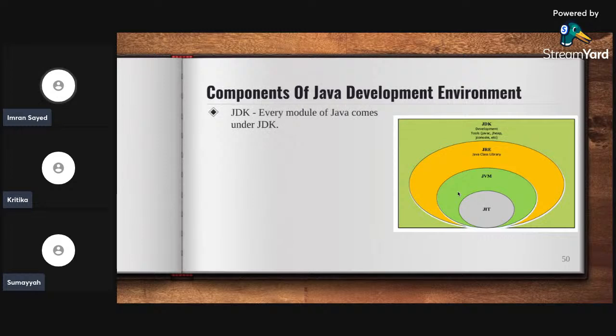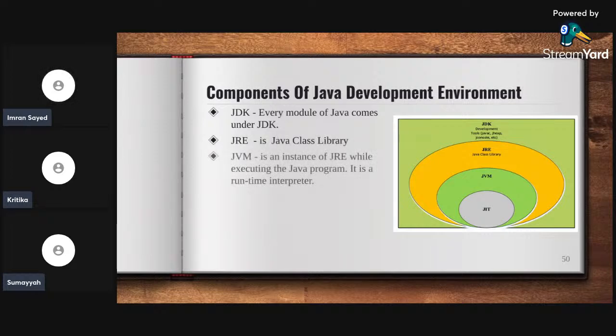So every module of Java comes under JDK. So this is the whole thing. Everything that you see inside of this is basically inside of JDK. JRE is a library, Java class library. JVM is an instance of JRE.